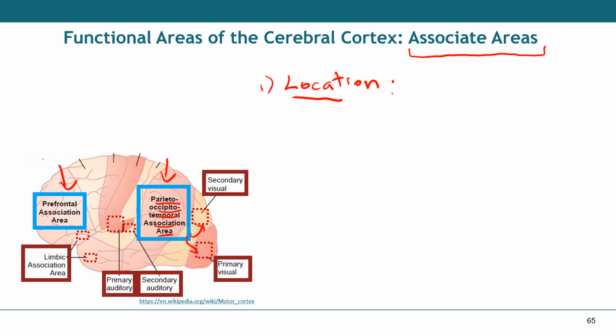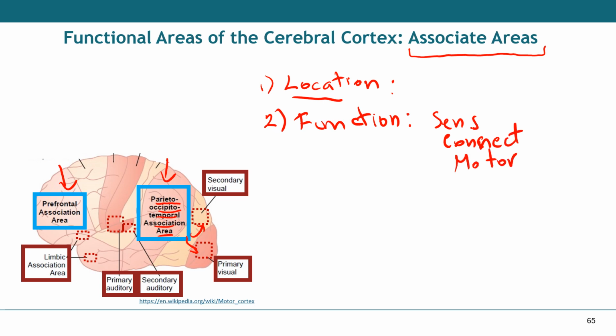Why? Because this is related to the function of these areas of the cortex of the cerebrum. They are receiving inputs from multiple areas. So they can receive sensory information, and they can connect it with motor information.